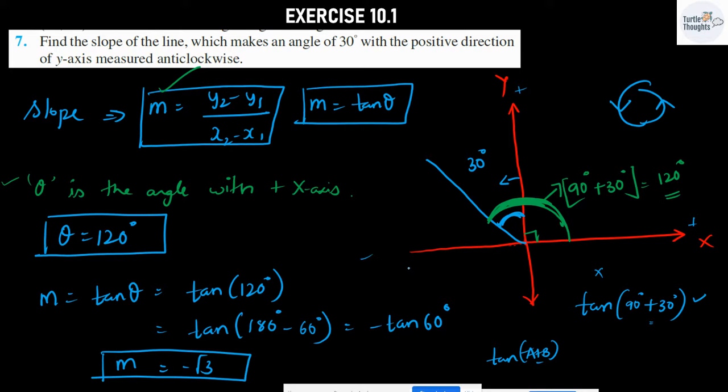Both you can use. So this is the simplification part, based on trigonometry. Did you understand why I'm not using this? Now I know that tan 180 degrees is 0, so I can just remove this and I'll be getting tan minus 60.